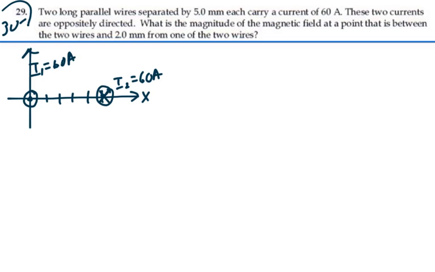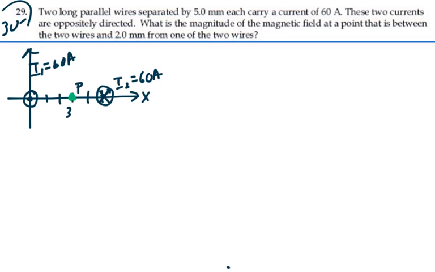And that actually is a current going in the opposite direction, so we'll have that go into the page like that. And we want to find what is the magnetic field at a point 2 millimeters from, we'll say, that wire at x equal to 3 here. So that's our point right there, P, that we wish to consider.